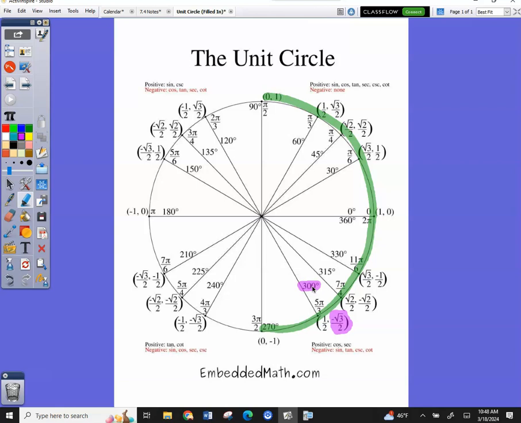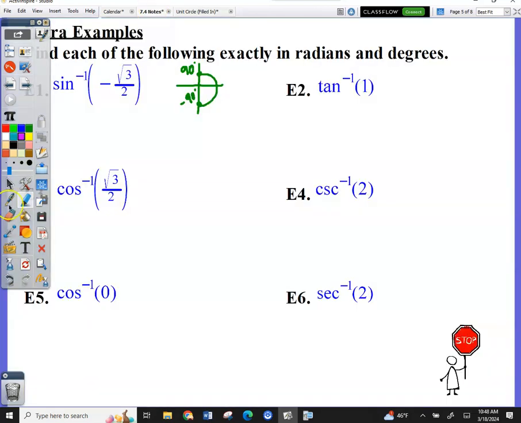But 300 is not acceptable, so what reference angle does 300 have? If you started here and rotated down, it would be negative 60. So it's okay to say to yourself that it's 300, but dot dot dot, it's actually negative 60.